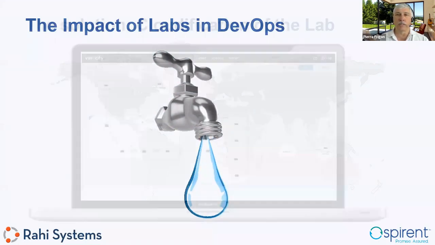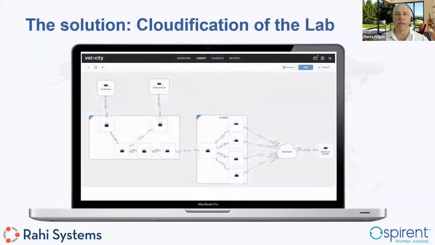And the solution to this is what we call cloudification of the lab. So this is about virtualizing the entire lab into a cloud environment along with all the related lab services. So the lab becomes accessible to anyone, anywhere around the world at any time via their internet browser. It also enables users to draw their topologies, build and deploy their test beds using physical resources, virtual resources in a private or public cloud, or a hybrid of physical and cloud resources.